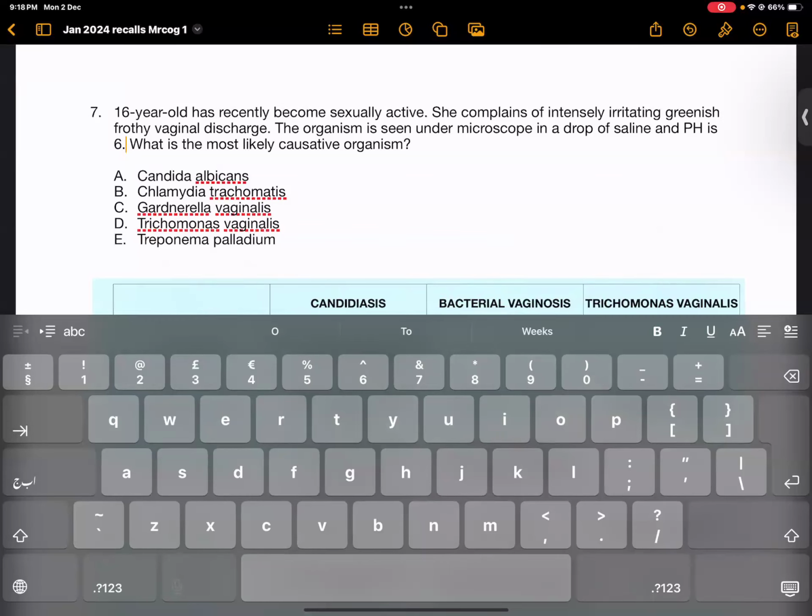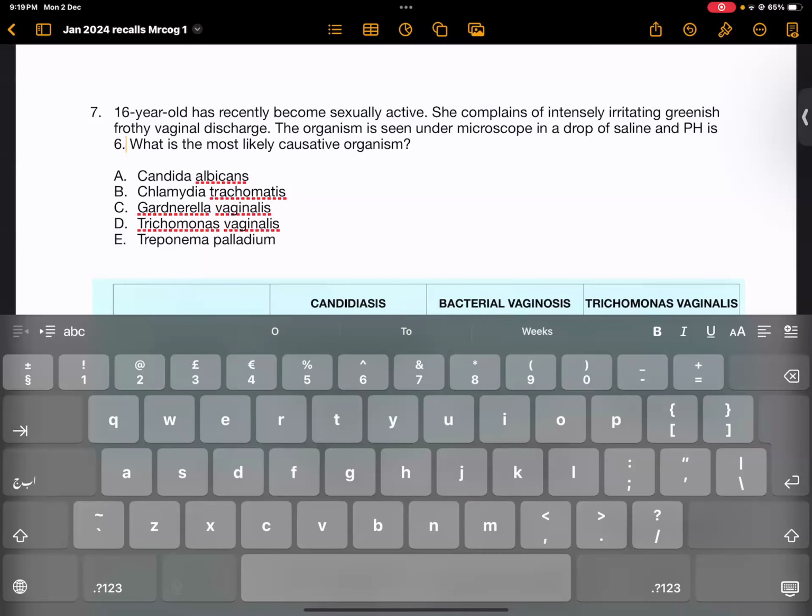Okay, how did you select that option? No, it is Gardnerella vaginalis. If you selected BV, bacterial vaginosis, what is the diagnostic feature of Gardnerella vaginalis?